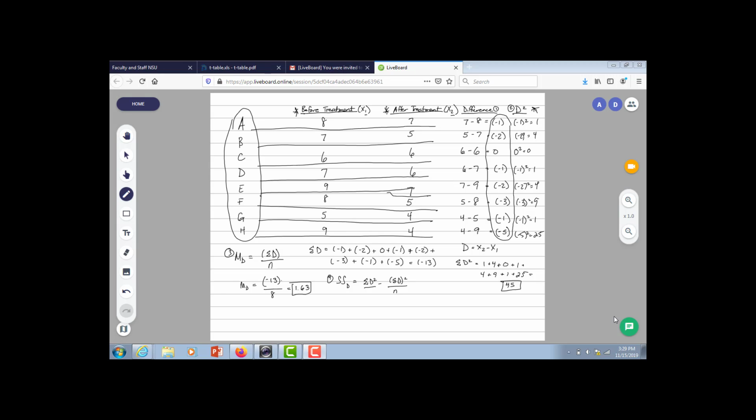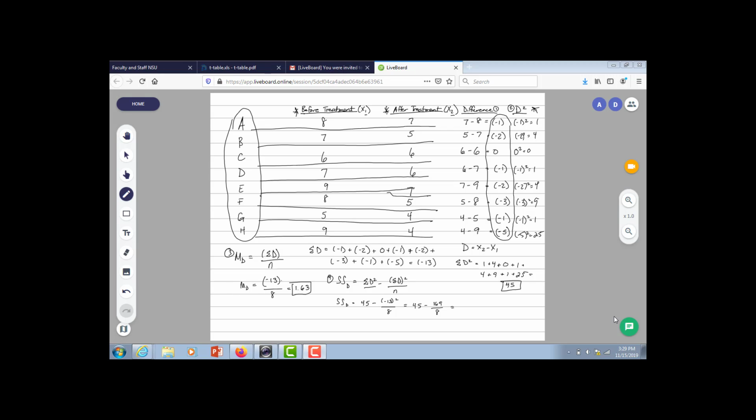Taking the sum of d squared back over to our sum of squares formula, we plug in 45 here, minus negative 13 squared over 8. When we do that out, we end up with 45 minus 169 over 8.